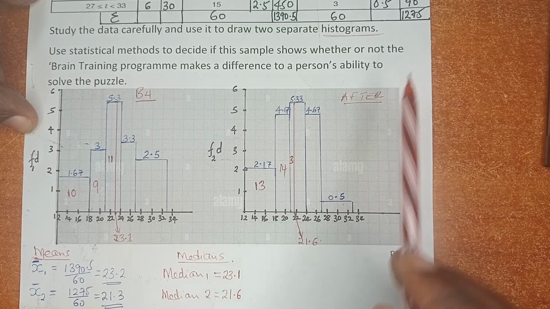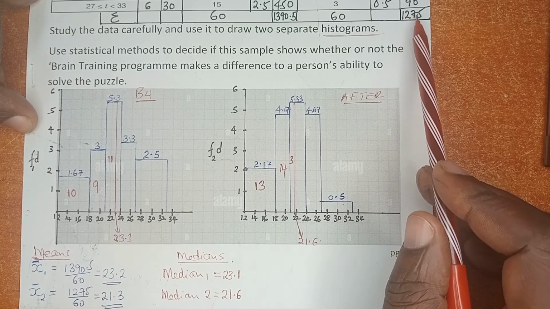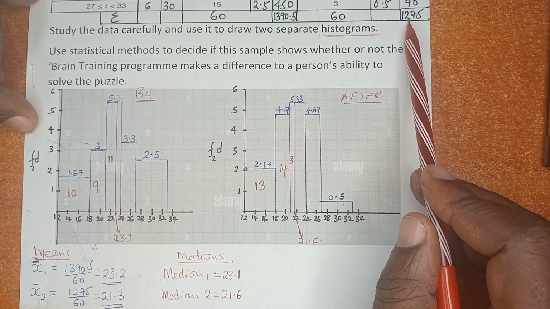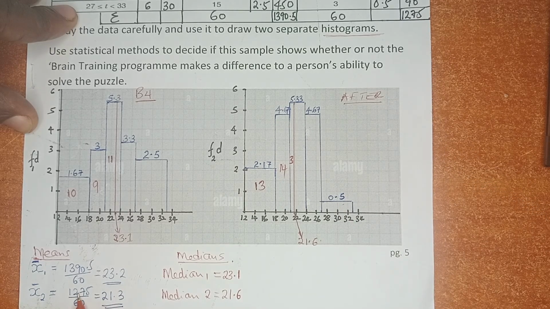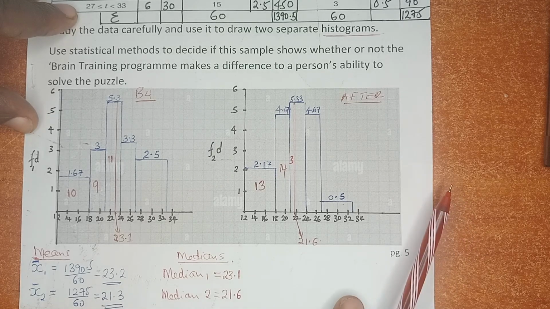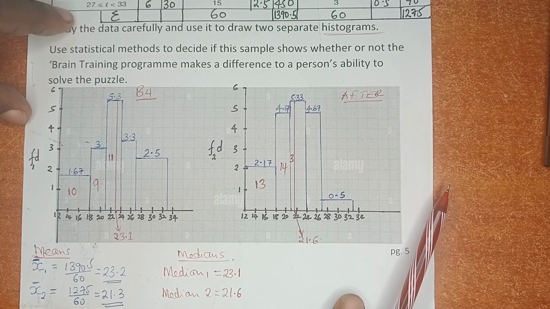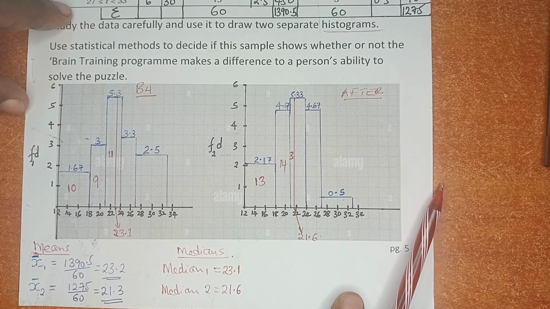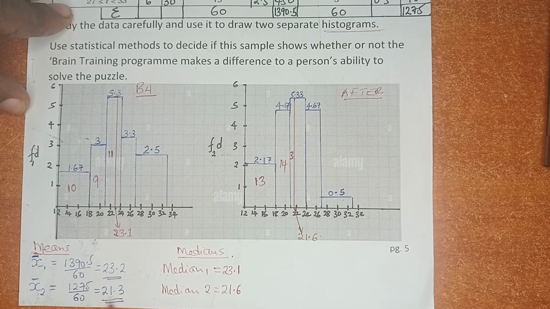The second mean, or the mean after training, is f2x, which is 1275, divided by 60, as you can see here, which gives us 21.3. So that alone tells me that the average time to solve a logic puzzle is reduced after training from 23.2 seconds to 21.3 seconds.